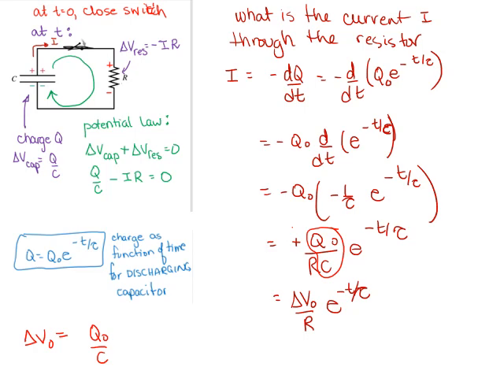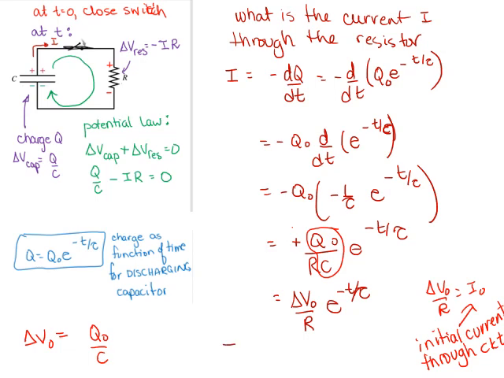Potential over resistance, that's current. So delta V initial over R would be the initial amount of current flowing through the circuit. Since the capacitor is discharging, that would be a maximum value.